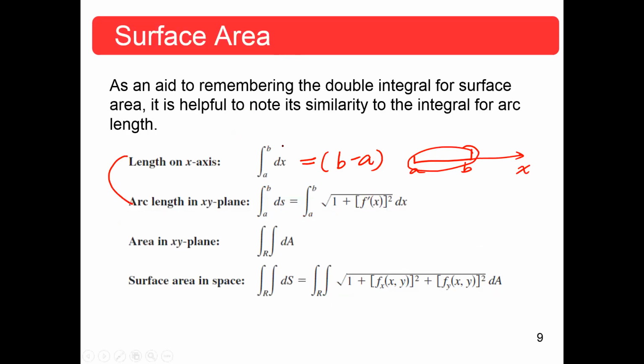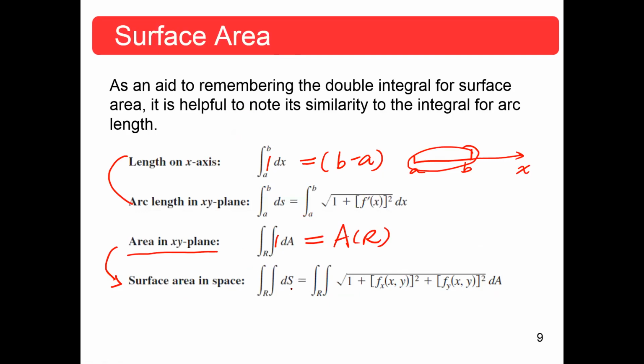Now if the integrand remains to be 1, then we just talk about the area in the xy plane. The double integral over region R of dA equals the area of region R. So the integrand here equals 1, right? So now we're looking at the surface area in space.